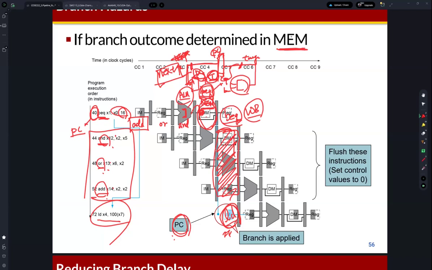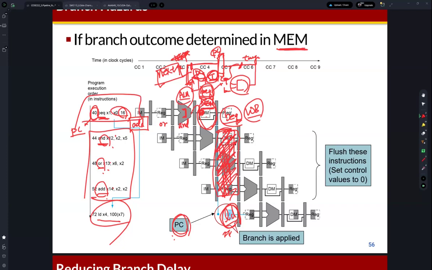So if we do not cancel these instructions, then what will happen? The processor will generate the incorrect result, okay? Because of incorrect instructions. So we need to cancel these three instructions.